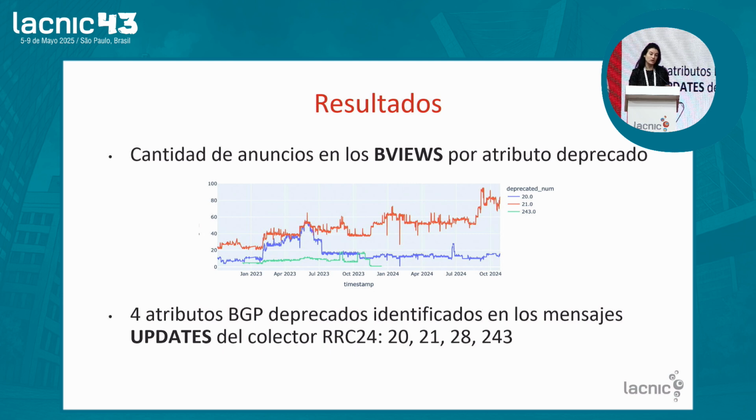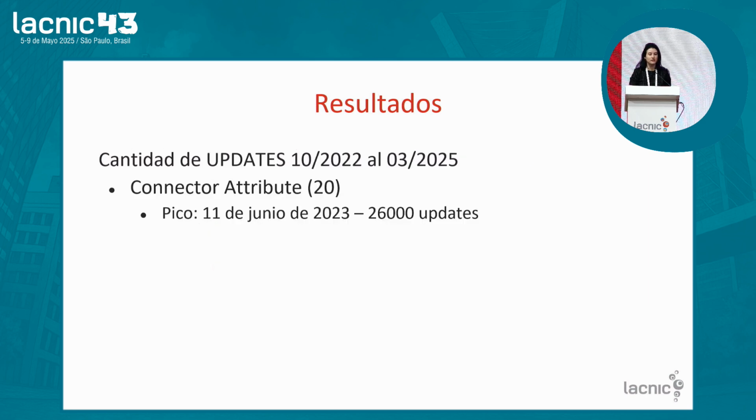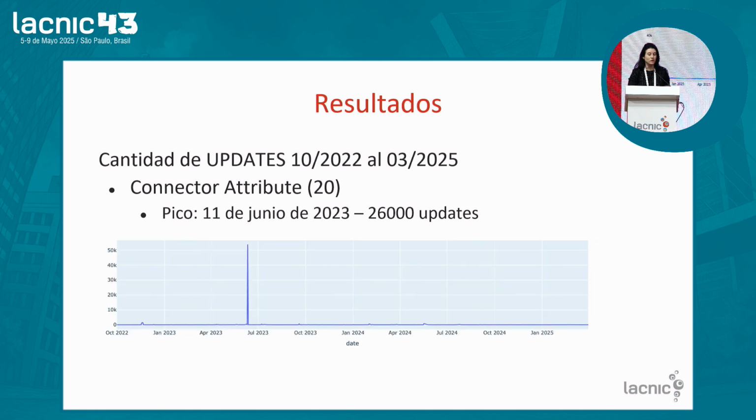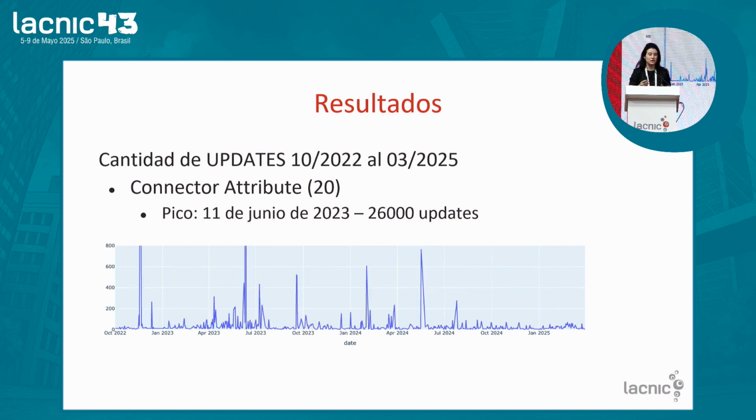However, what we noticed was that the attribute that had been the source of that incident, 28, did not appear there. So we went to the updates of the collector, and there again we saw 21, 243, and in addition to that, 28, the one that had caused the incident. In that period, we also added information until March 2025. And the only thing you see here is this peak, June 11th, 2023.